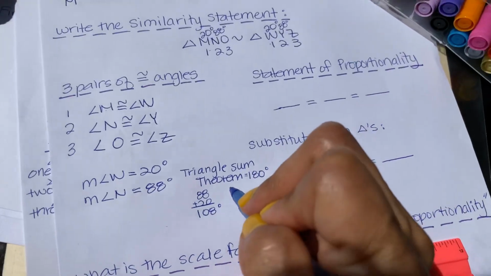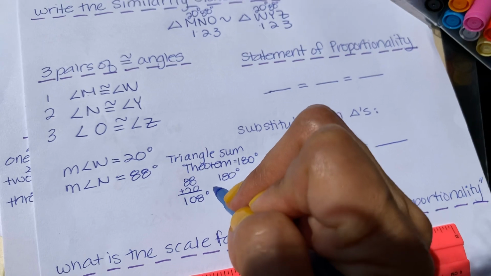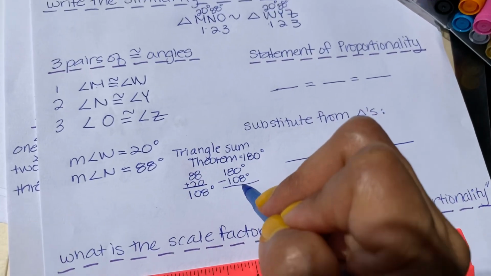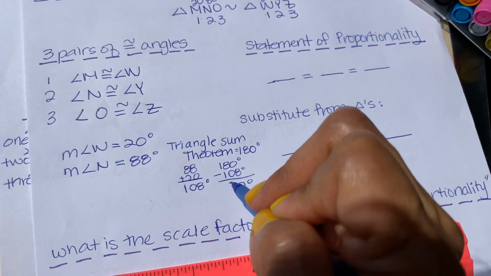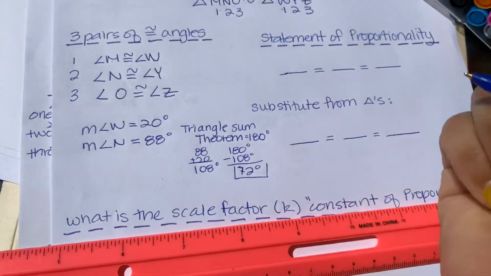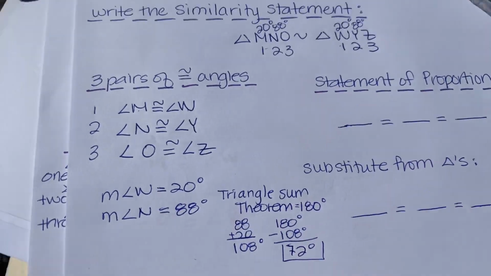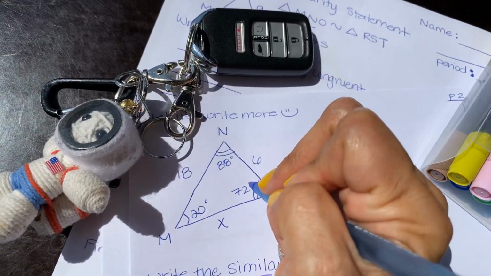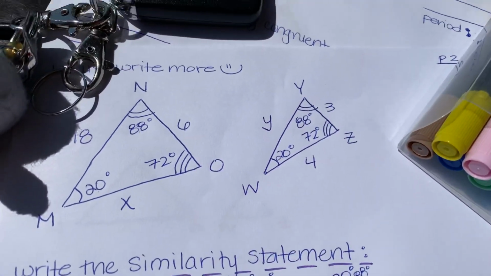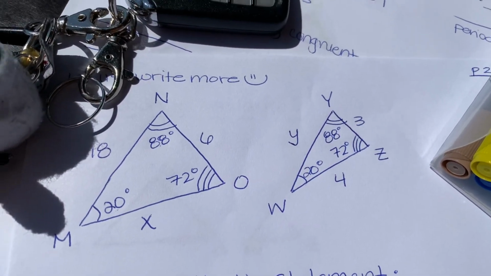So if all triangles are 180 degrees and I have 108 degrees spoken for, if I want to find out what the other degree measure is, it's going to be 72 degrees. So that means angle O is 72 degrees and angle Z is 72 degrees, because of the triangle sum theorem.